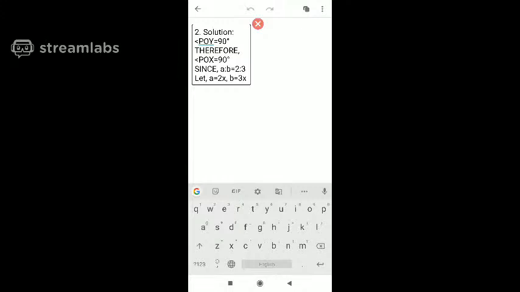And since A plus B is 90 degree, so we can write 2x plus 3x is equal to 90.